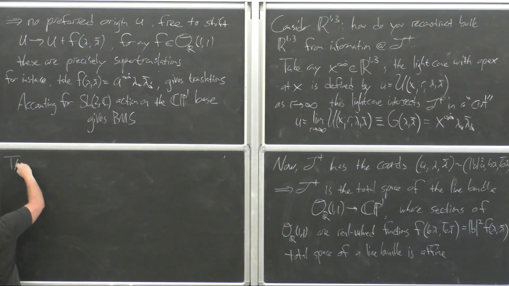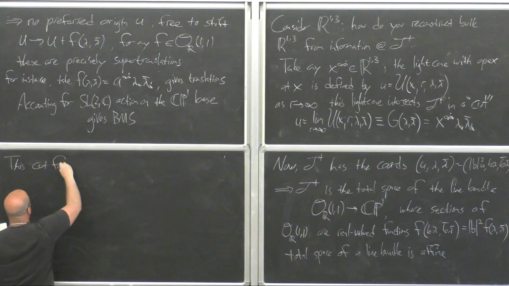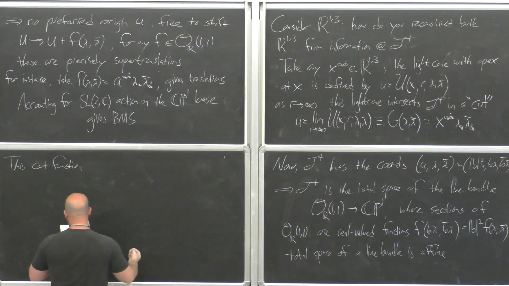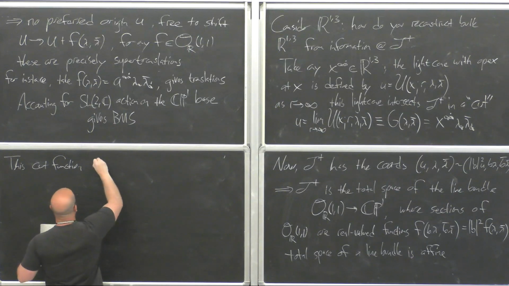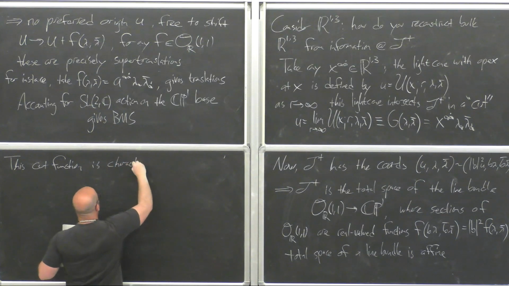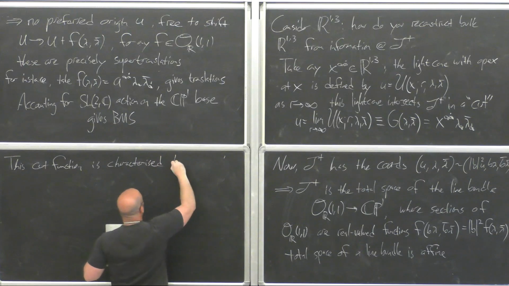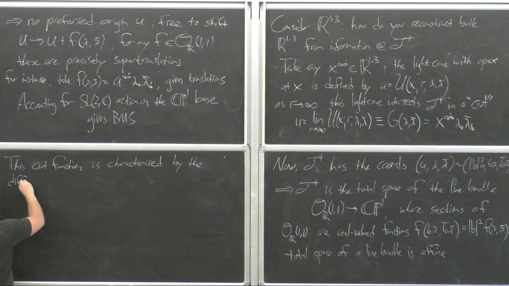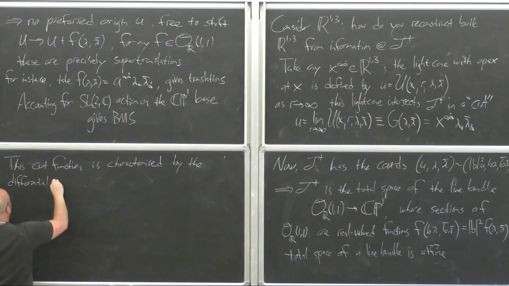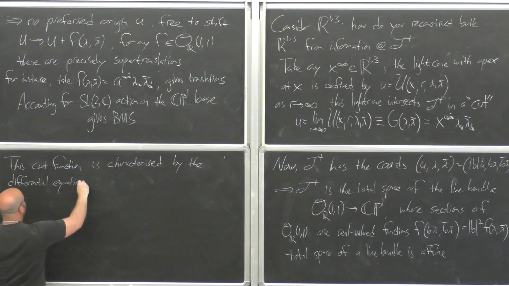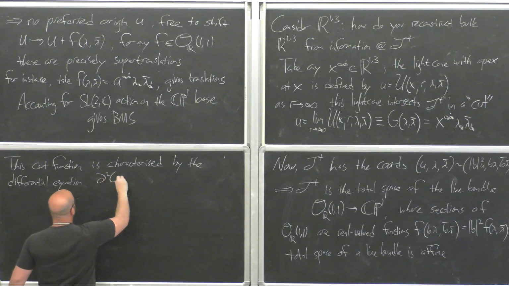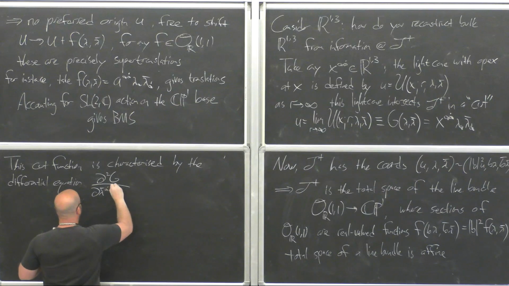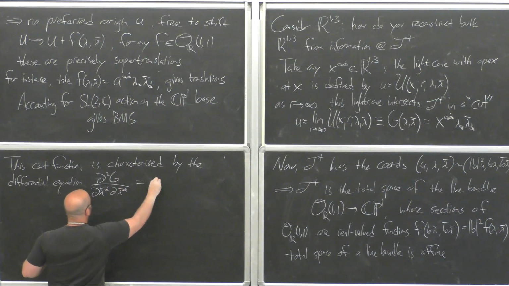So this cut function is just the solution to a differential equation, which is just two anti-holomorphic derivatives of G is equal to 0.